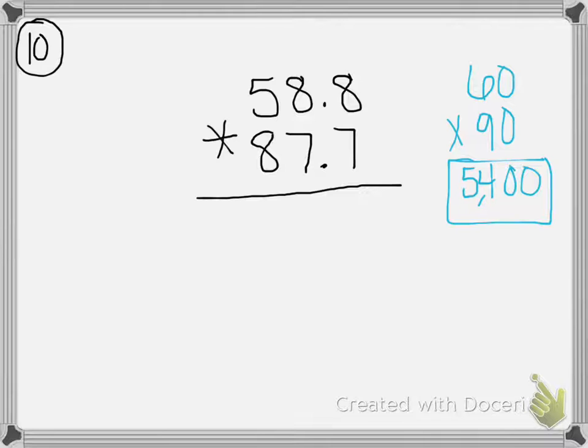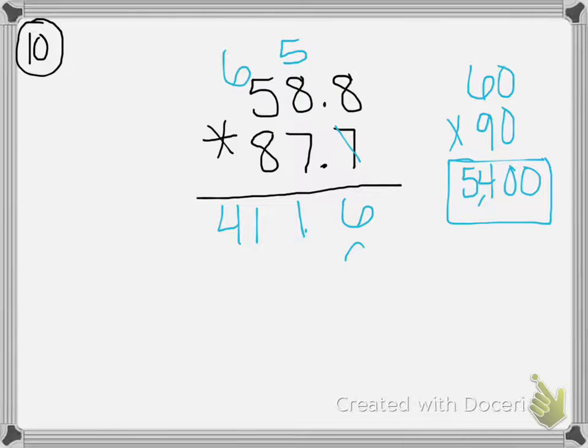Now to actually solve, you start with your ones. So 7 times 8 is 56. Carry the 5. 7 times 8, again, is 56, plus 5 is 61. 5 times 7 is 35, plus 6, 41. We're done with our ones place. Moving on to the tens place.